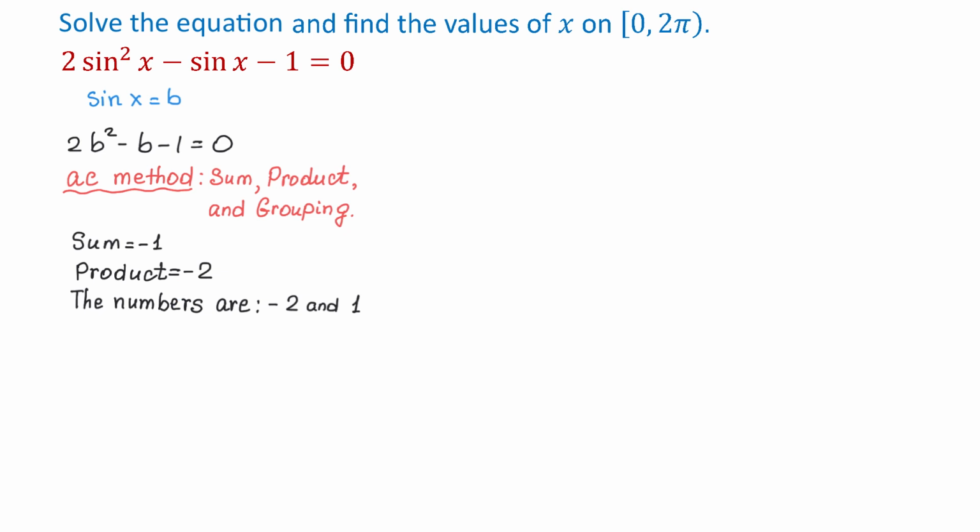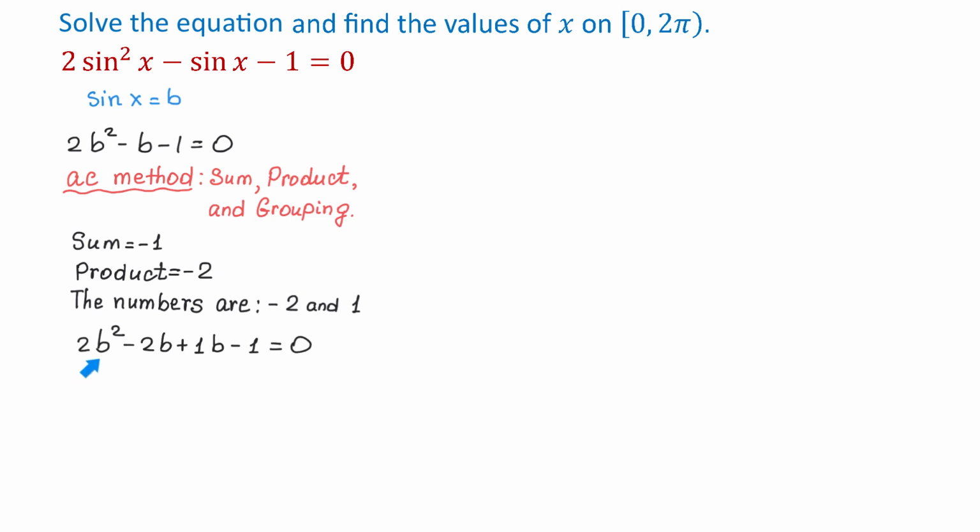Now to continue with factoring, we will use these two numbers to split the middle term. So first we will bring down 2b squared, then in place of -b, we will write -2b plus 1b. So then we will have 2b squared minus 2b plus 1b minus 1 equals 0.